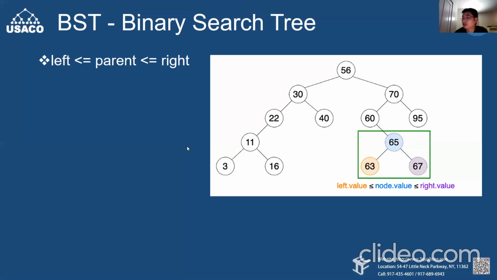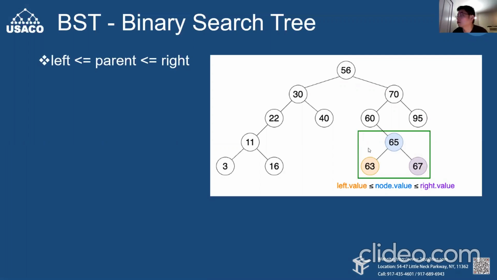Okay, look at the tree example. On the root, 56. In this BST tree, its left node is smaller or equal to the parent node, and the parent node is smaller or equal to the right node.